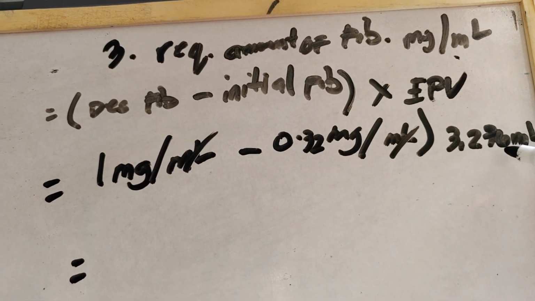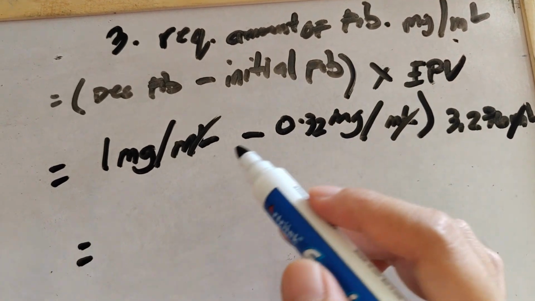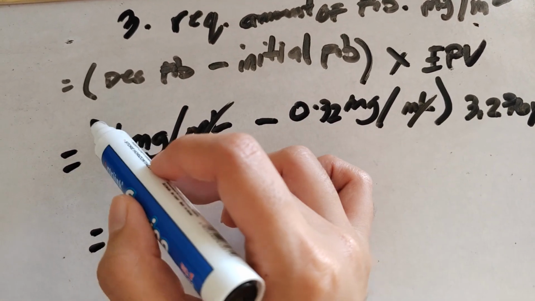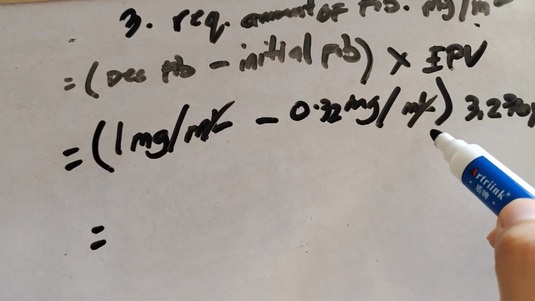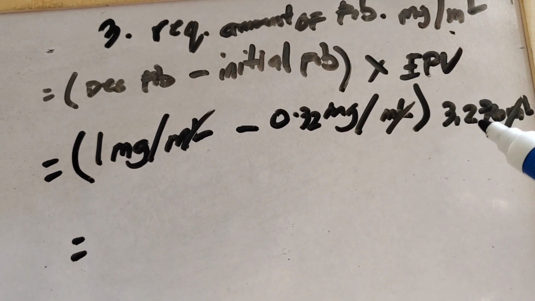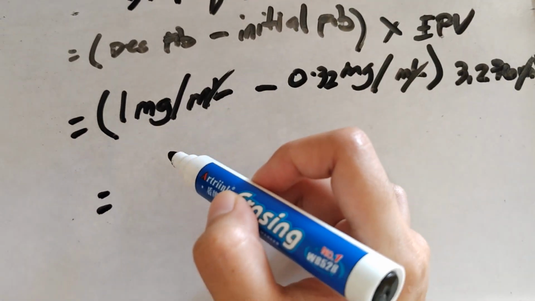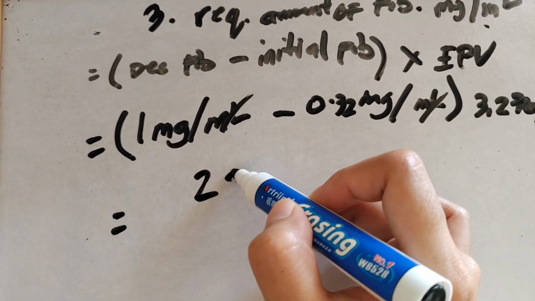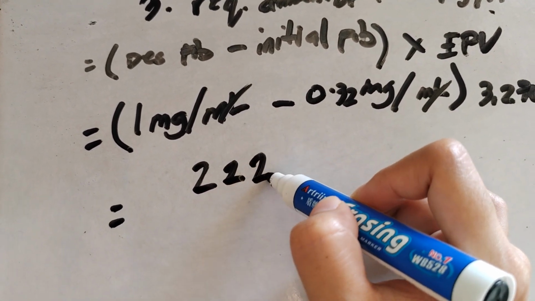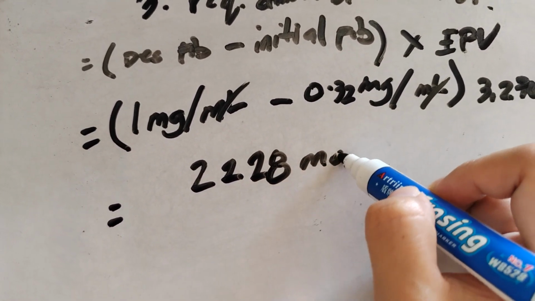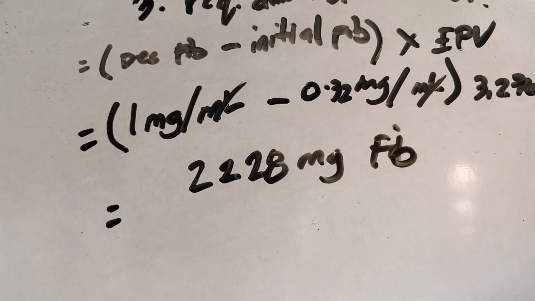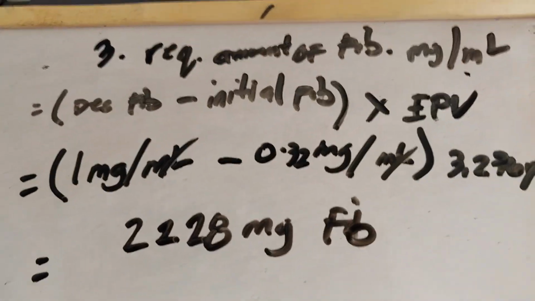Okay? Compute that. I-cancel out na natin yung ml, kasi nasa ilalim. So, wala na yung ml din dito. Okay, tira milligram. So, 1 minus 0.32, and then times 3,276. That's gonna give you 2,228 milligram fibrinogen. Okay?